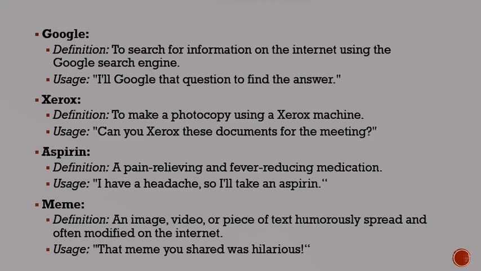Google is actually the name of the search engine, but instead of using it as a name or a noun, we use it as a verb. We have introduced it as a coinage, a new term. I'll Google that question to find the answer. So in this case, we use the word Google to mean search.